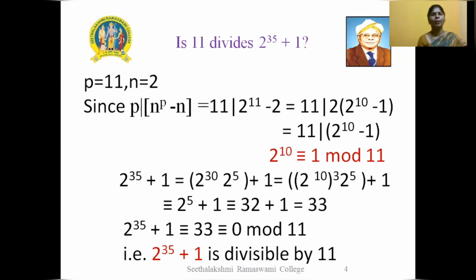Therefore, 2 power 5 plus 1 congruent to 32 plus 1 equal to 33. Therefore, 2 power 35 plus 1 congruent to 33, which is congruent to 0 modulo 11, because 11 divides 33 with remainder 0. Therefore, 2 power 35 plus 1 is divisible by 11.